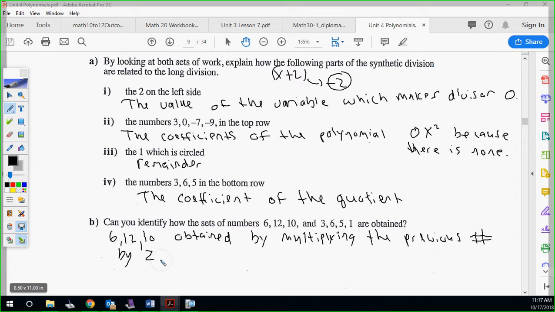They're just trying to spell out the process here. If you don't like the verbiage, we're going to do some examples, so just be patient. And the 3, 6, 5, 1 is from adding the 2 rows. So we've got an example coming and we'll talk about it.